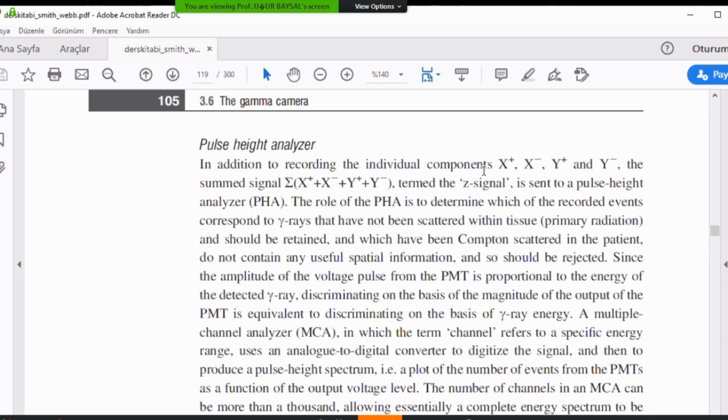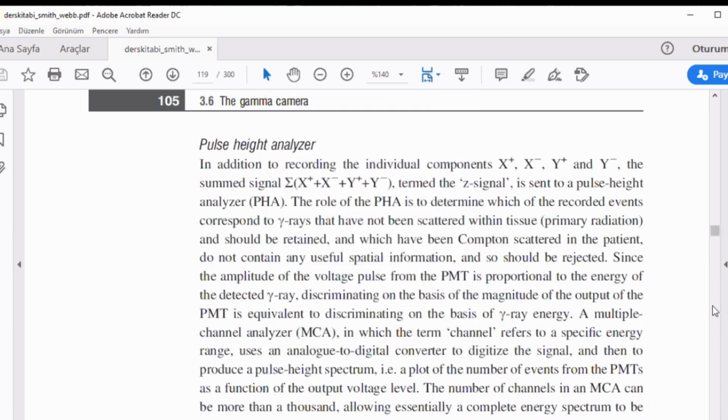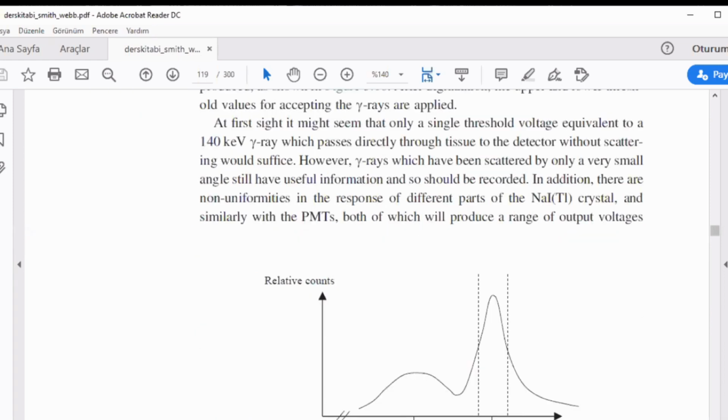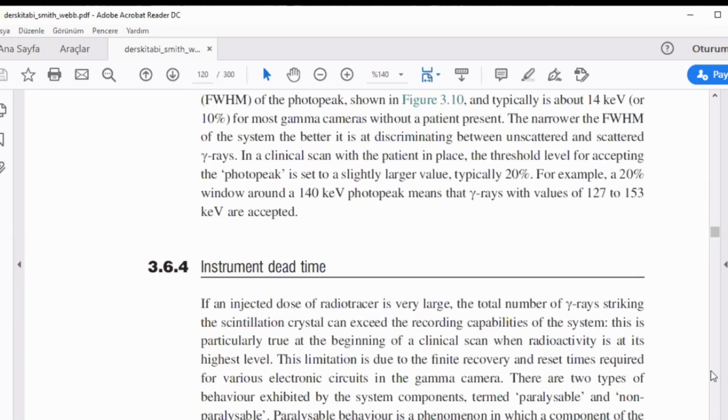Pulse height analyzer is basically selecting the desired or undesired pulses after calculating the scintillation coordinates in 2 dimensions. So basically, it's a kind of threshold detector. There are some additional subsystems for that.